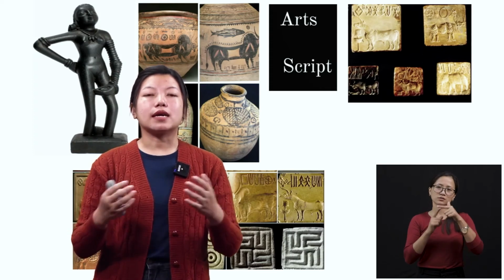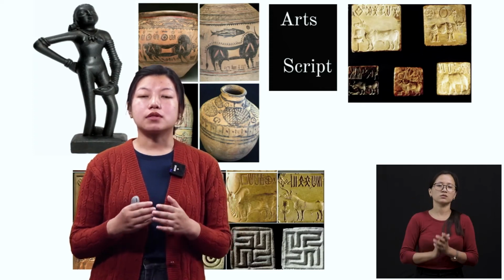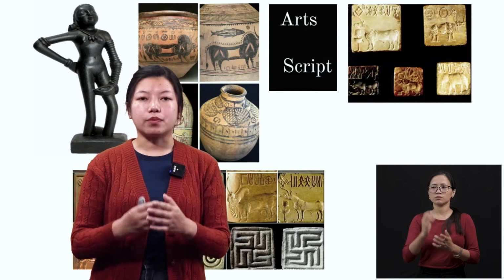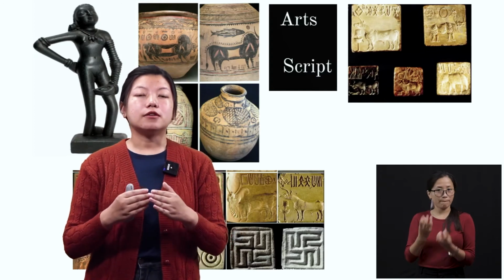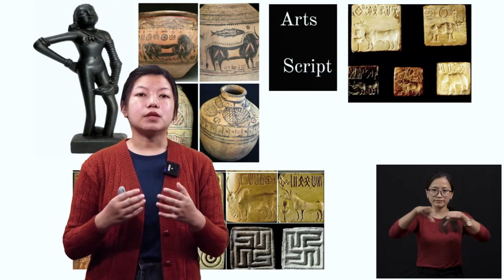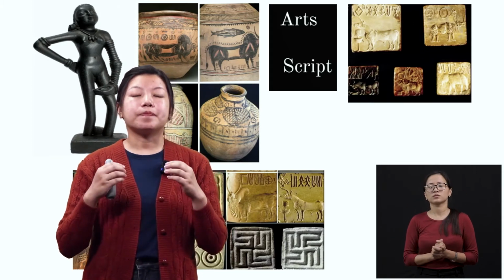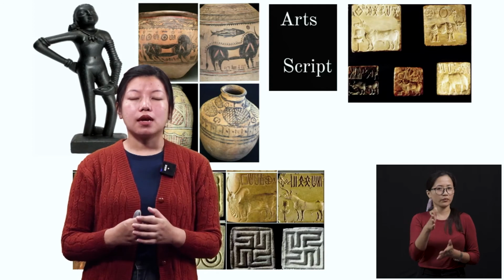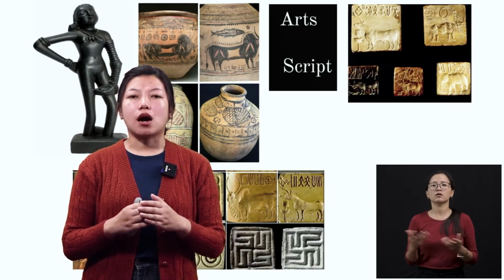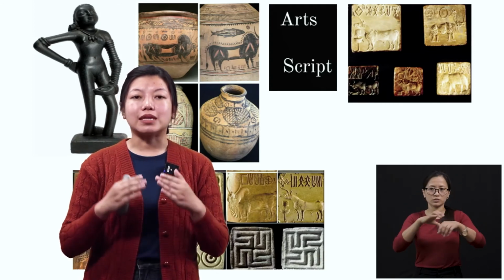Even when we look at their houses, they are made of burnt bricks, okay? So earlier, just imagine, human beings were living in caves, right? And then there were no houses. Later, they learned how to make houses with wood, with leaves.